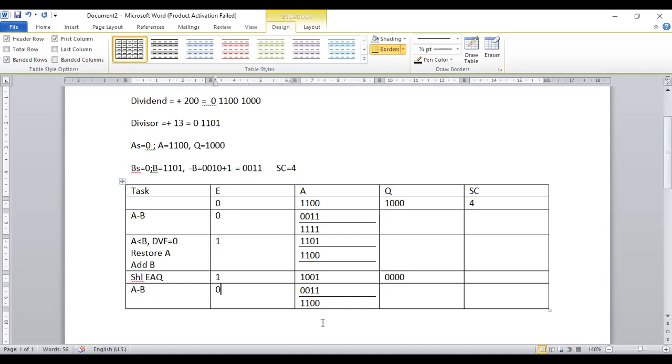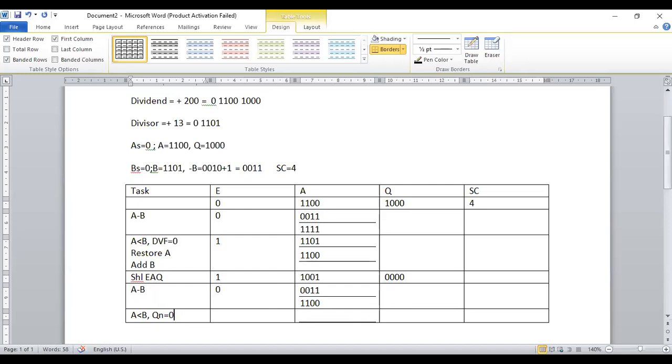So E is 0. What is the decision? E is 0 means A is less than B. So if A is less than B, what about the Qn value? Qn is 0.